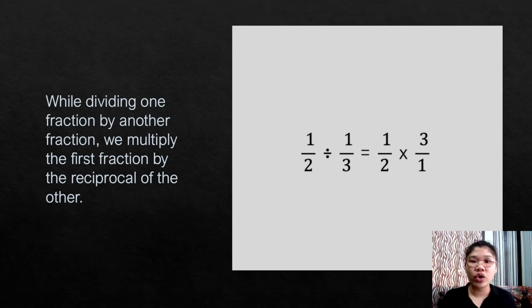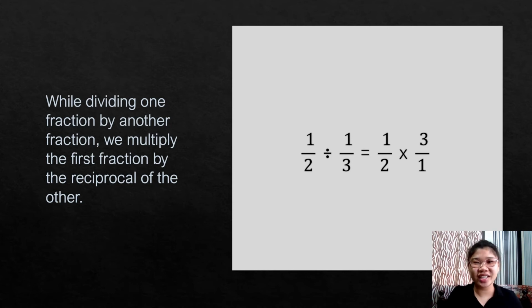We need to multiply 1/2 by the reciprocal of 1/3. What is the reciprocal of 1/3? That is 3 over 1. So 1/2 times 3 over 1 is equal to 3/2. So the final answer is 3/2. So that's it for fractions.